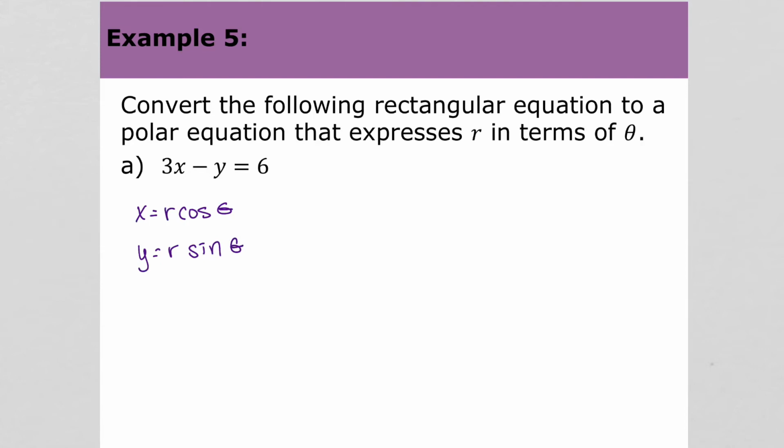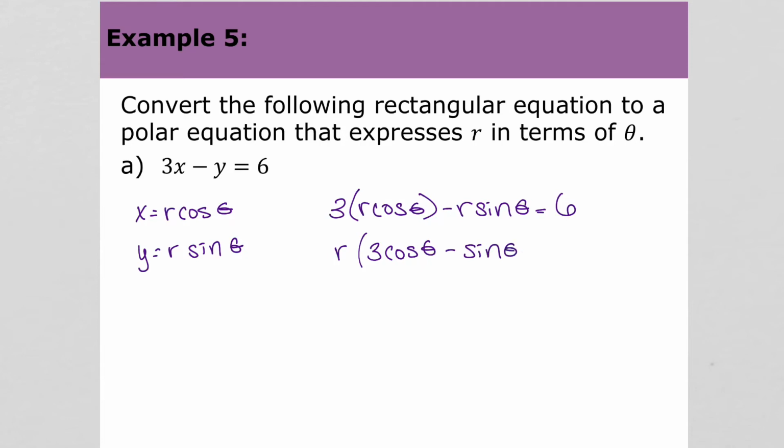So we're going to plug those in. We'll have 3 times r cosine theta minus r sine theta equals 6. And then we just simplify. We can factor out an r to give us 3 cosine theta minus sine theta.